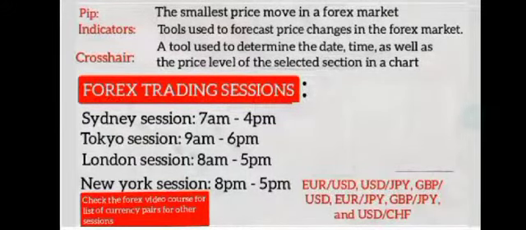For example, if you are very busy, or the career type, and you work during the day, you can trade the New York session that starts by 8 p.m. to 5 p.m. So maybe when you're back from work by 6 or 7, you can start trading from 8 p.m., 9 p.m., 10 p.m., 11 p.m., 12 a.m., 1 a.m., 2 a.m. You have all that time to trade till 7 a.m. or 8 a.m. when you go to your work or your business.